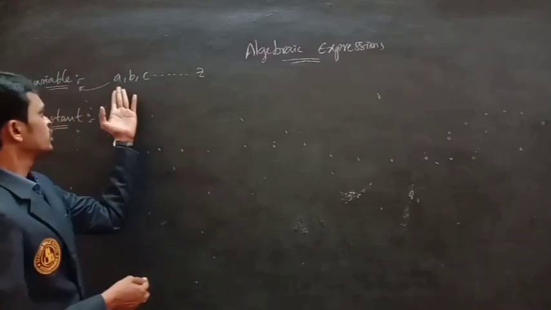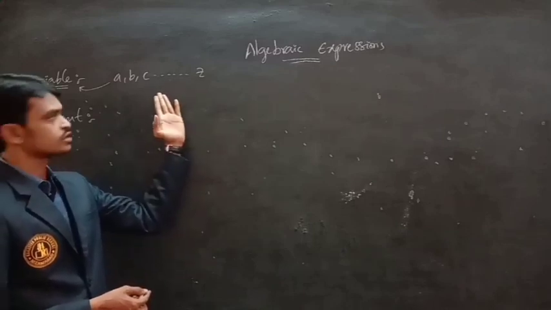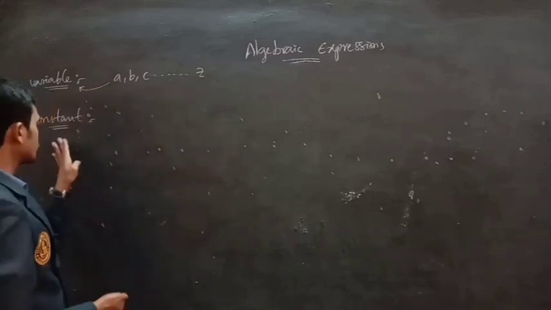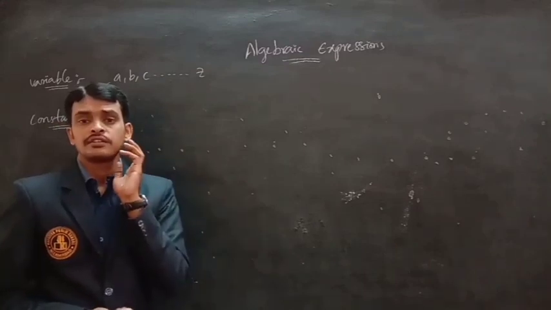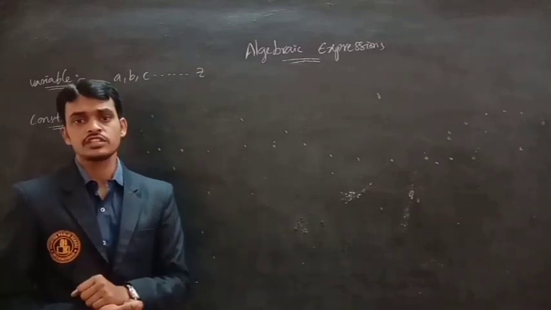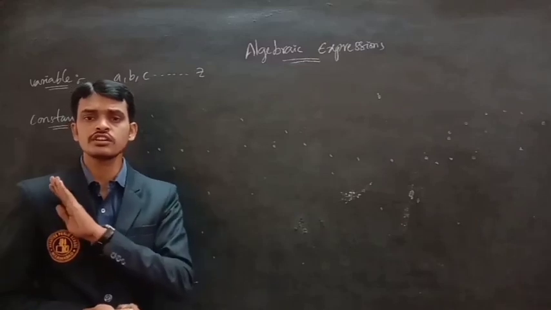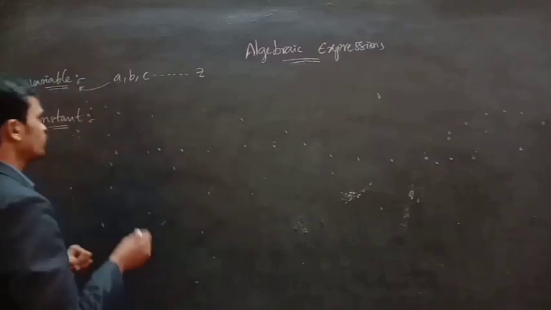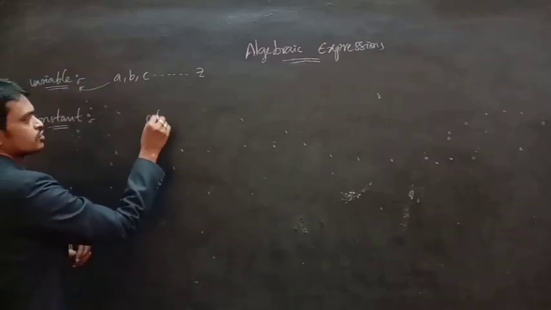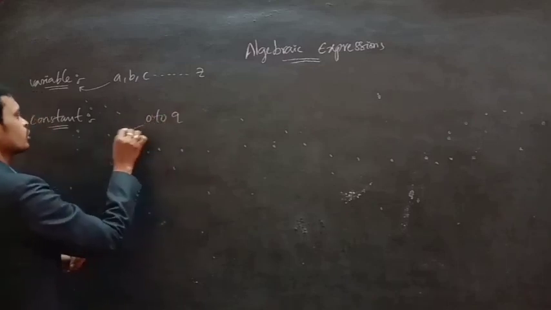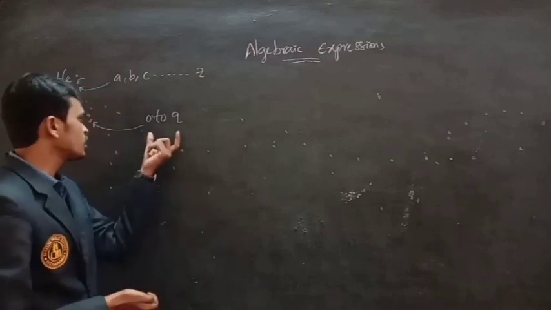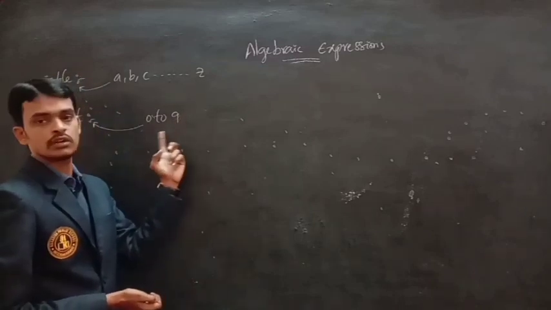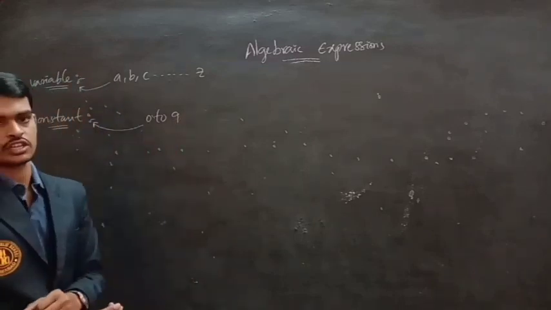We use the letters A, B, C, D, Z to represent variables. A constant is a fixed value. It does not change. So we use the numbers 0 to 9 to represent constants.